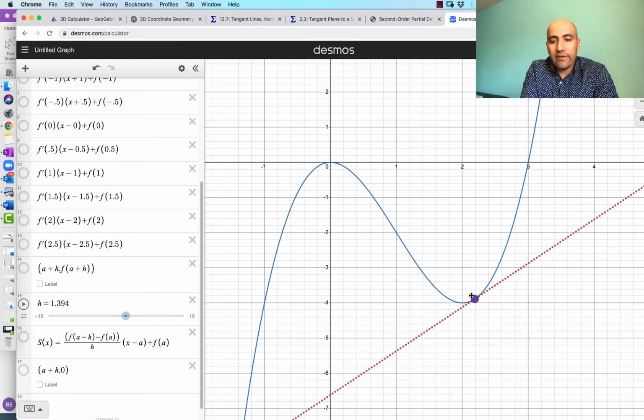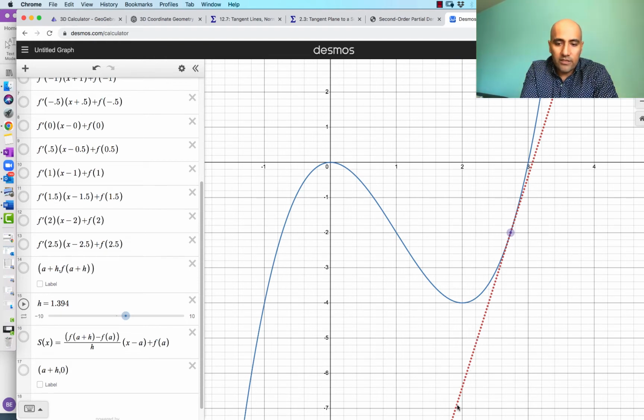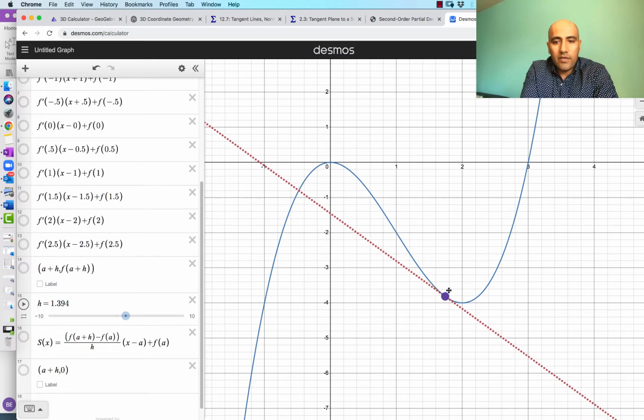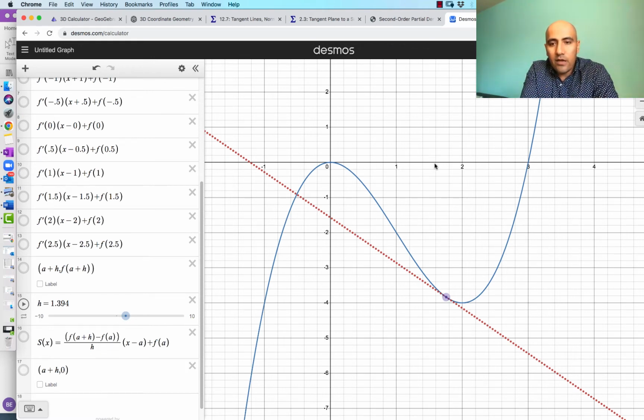Sometimes that's true, like if I swing back over this way, now it looks like maybe the function only touches at one point, but actually still that's a lie because eventually this will come down here and they might cross somewhere down there. Or at a point like here, it's clearly obvious that it touches there and there. So it's not sufficient to just say that it touches at one point. We want to say that within a neighborhood of the domain, right?